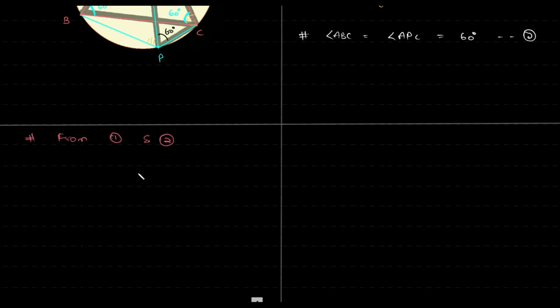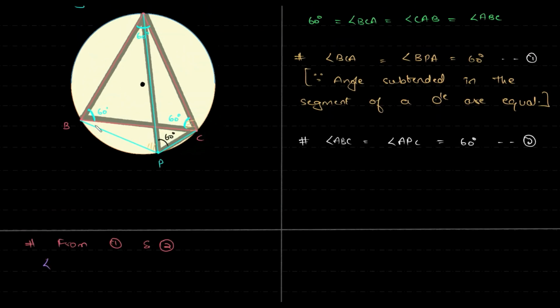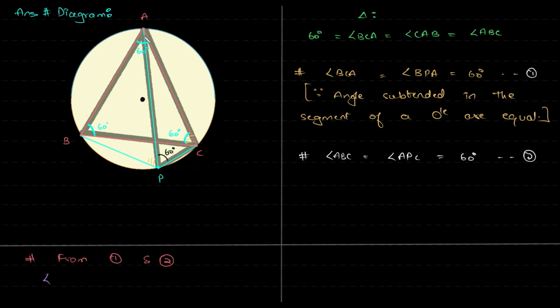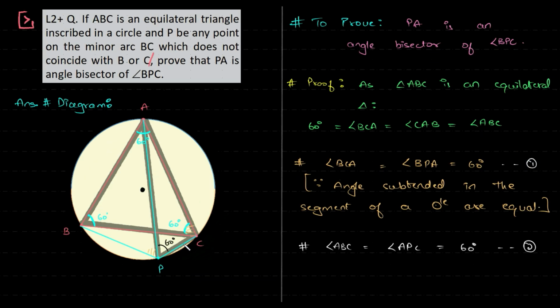So from 1 and 2, we can tell that angle BPA is equal to angle APC. Both of them are equal to 60 degrees. So what does this imply? That PA bisects angle BPC, right? That's it. That is your answer.